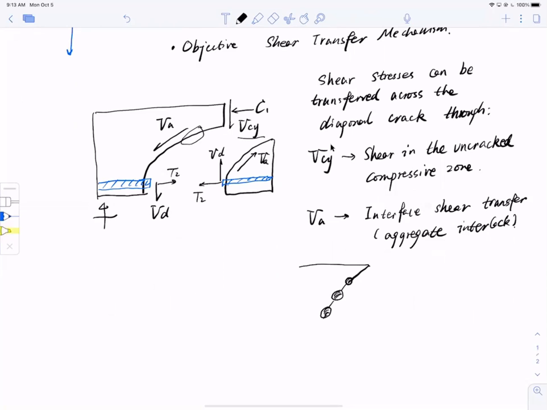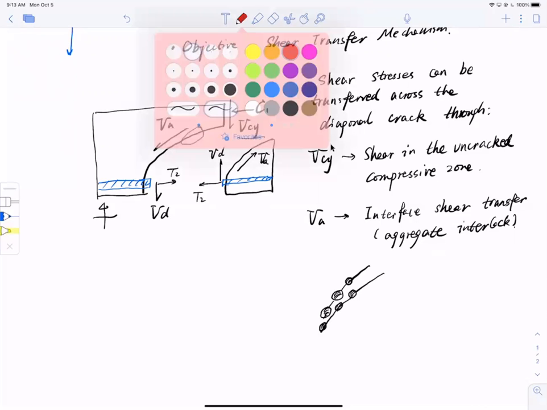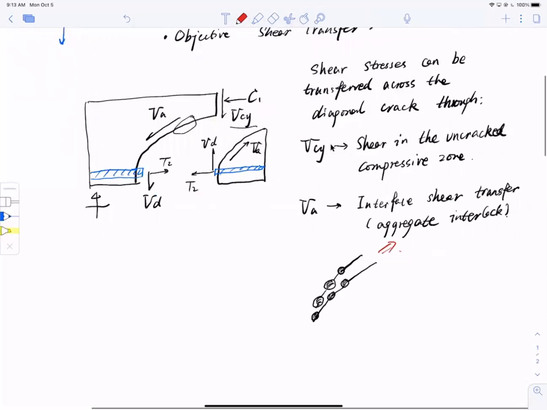These are the top surface, and at the bottom here, there's another surface right here. You can see it. So these aggregates kind of bite into each other. This is called aggregate interlock, which provides the shear transfer.